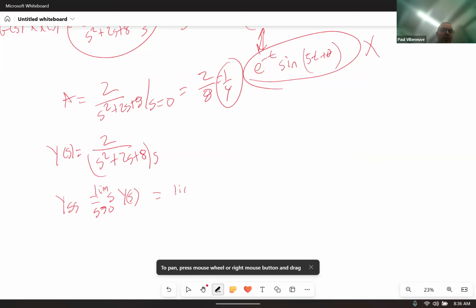That's going to be equal to the limit as s approaches 0 of s times 2 over s squared plus 2s plus 8, all times 1 over s. These cancel out. Limit as s approaches 0 means anytime you see an s, it goes to 0, and it equals the same result. More than one way to skin a cat, right?